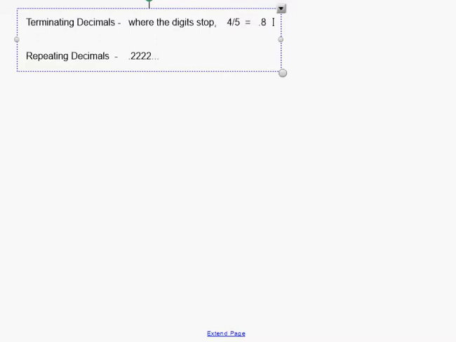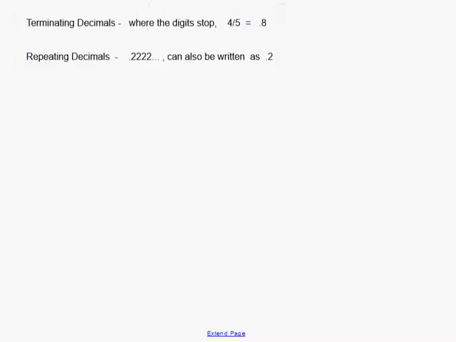The digits do not stop and they repeat. This can also be written as 0.2 with a bar over it, meaning exactly the same thing.